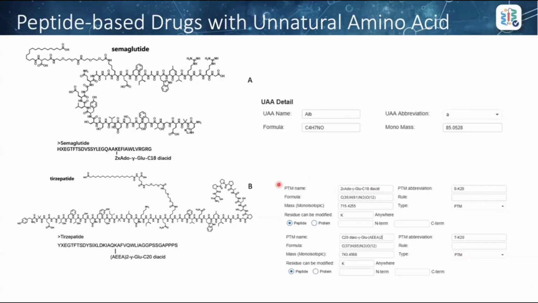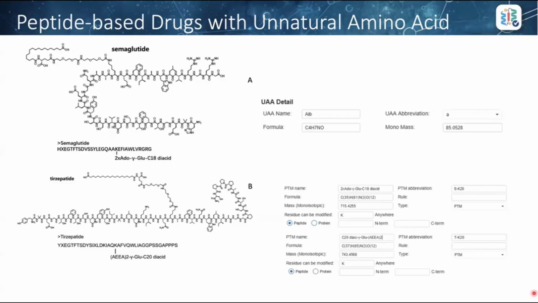They are representative examples of peptide-based biopharmaceuticals containing unnatural amino acids. They also have an 18 carbon fatty acid side chain in semaglutide, and a 20 carbon fatty diacid group linked via a gamma-Glu group with 2 AEEA at the 20th lysine in tirzepatide.